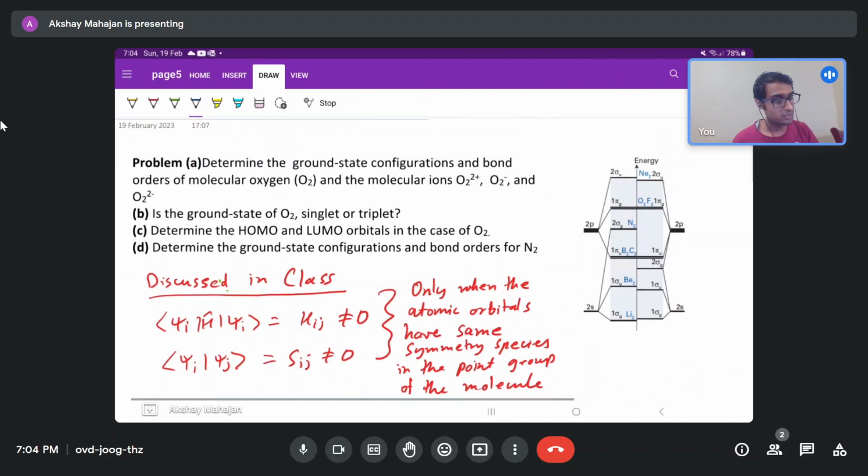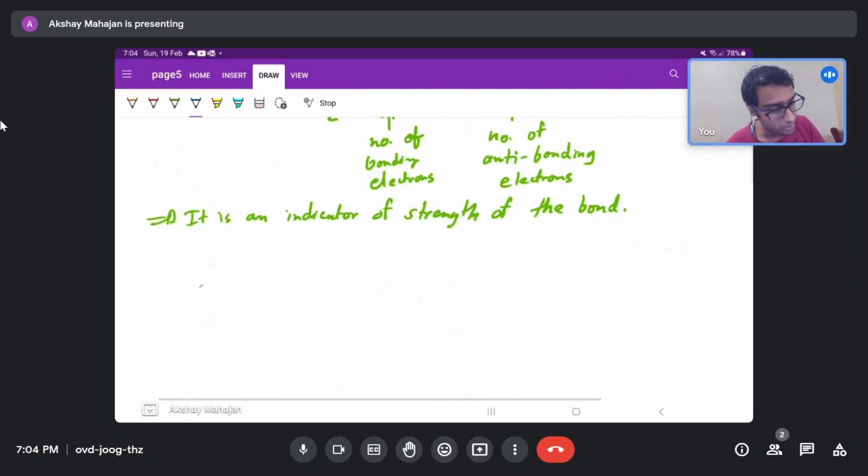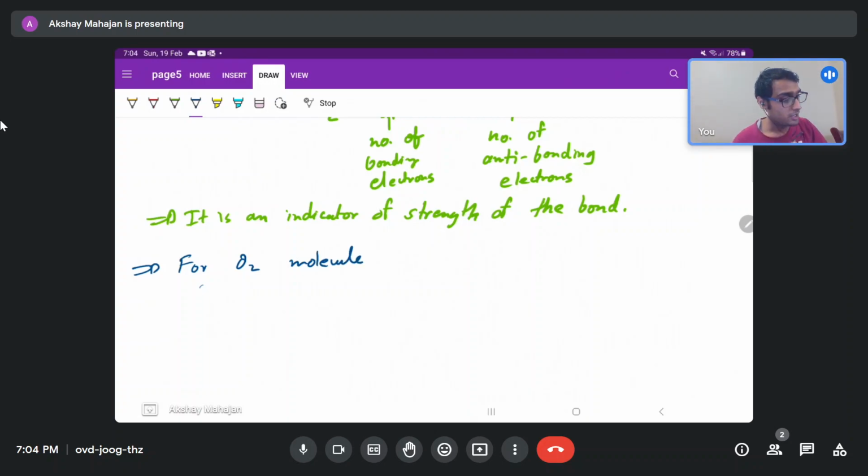For example, let's start with our oxygen molecule. So we will start with the O2 molecule. In total we have 12 valence electrons, right?